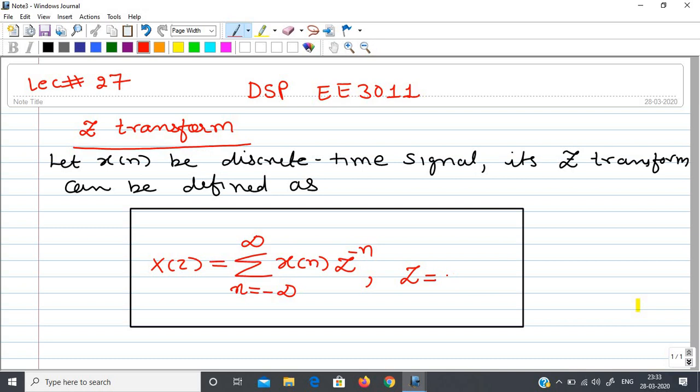Let z be r e to the power j omega. So this is how we define the Z transform.